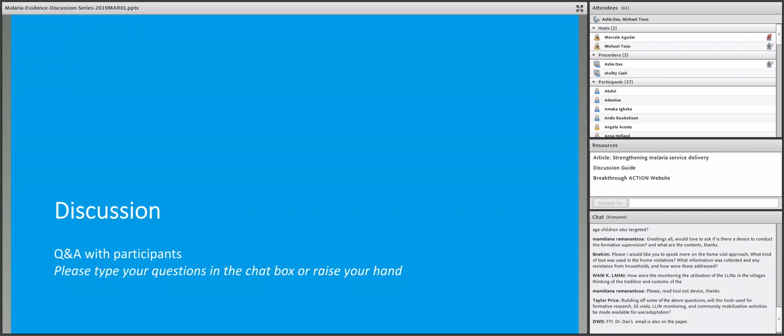Right. So thank you, Shelby, for your question. The paper itself mentions a cost effectiveness analysis that we undertook, and it is attached as an appendix to the paper.